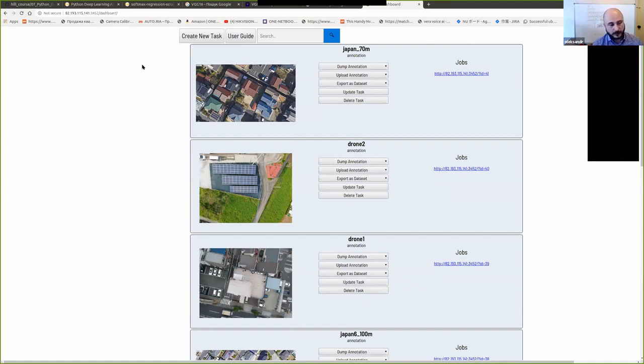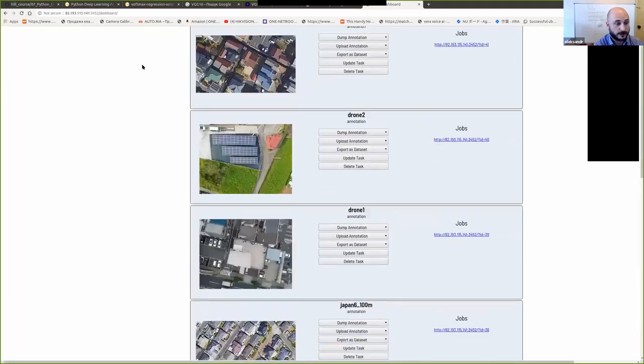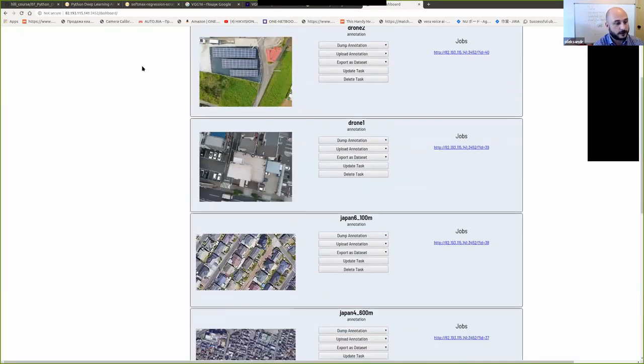There are many. This is the one we used for our project about building annotations and houses recognition I mentioned yesterday. And this is how the annotation process is organized for this project. It is important to take a look at this.